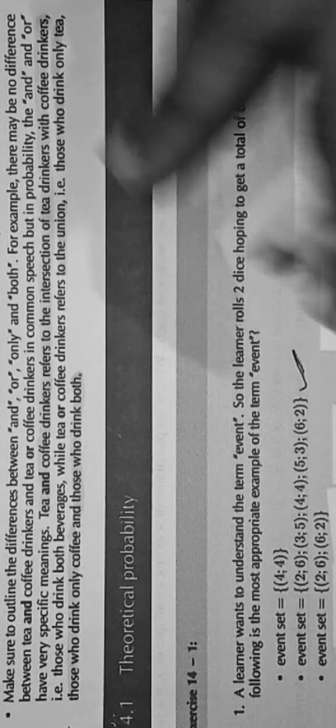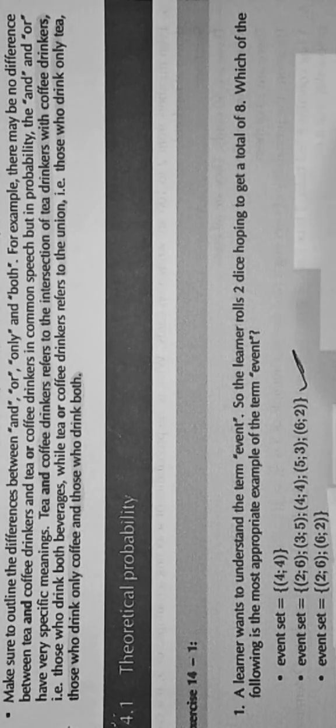Let me show you to outline the difference between and, or, only, and both. For example, there may be no difference between tea and coffee drinkers and tea or coffee drinkers in common speech, but in probability, the and and the or have very specific meanings.